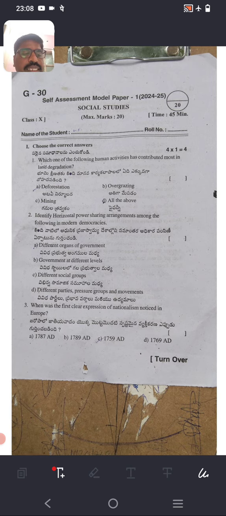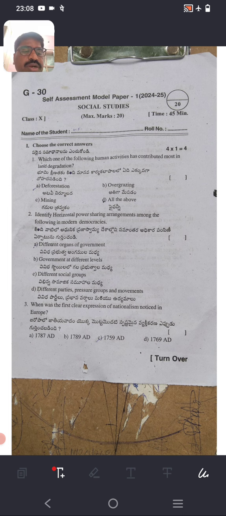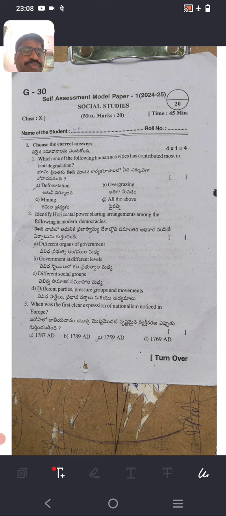The second question is identify the horizontal power sharing arrangements among the following in modern democracies. Option A different organs of government. Option B government at different levels. Option C different social groups. Option D different parties, pressure groups, and movements.